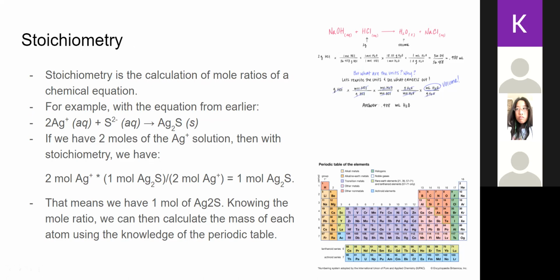So you'll have 2 moles of Ag+ multiplied by 1 mole of Ag2S divided by 2 moles of Ag+. You'll realize that if you had 2 moles of Ag+, you would end with 1 mole of Ag2S. From there, you can use the moles or you can calculate the grams, whatever the question asks you to do. This is just finding a calculator and typing numbers into it.